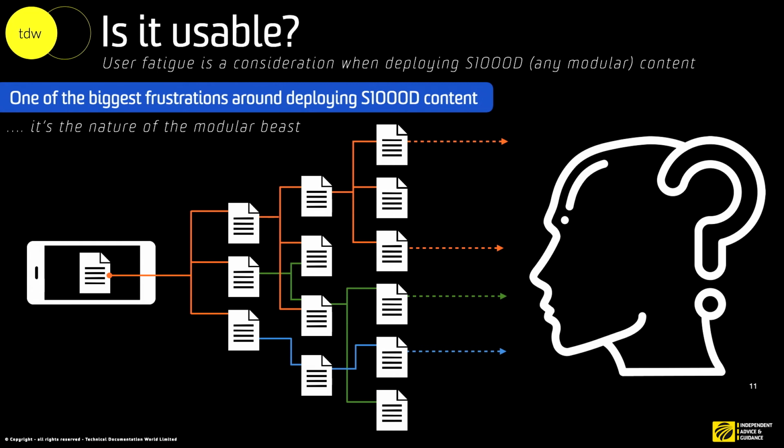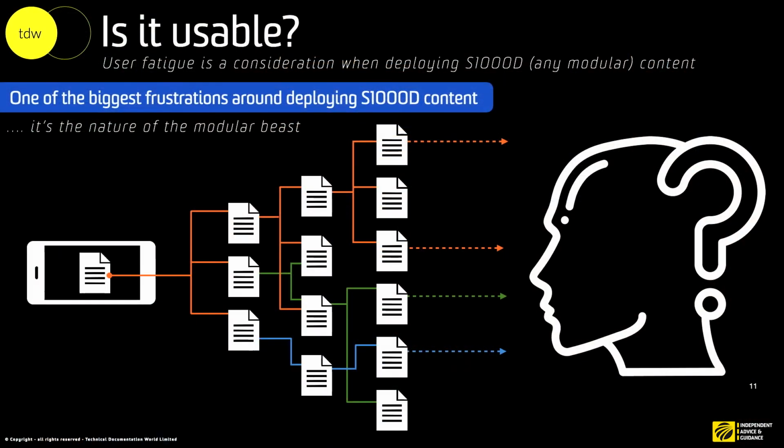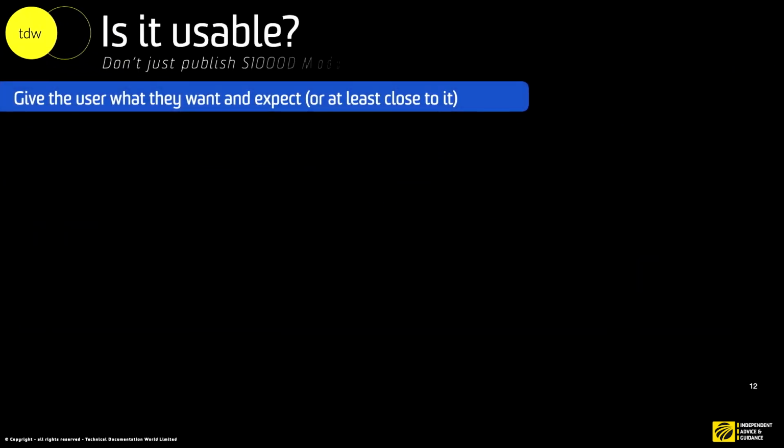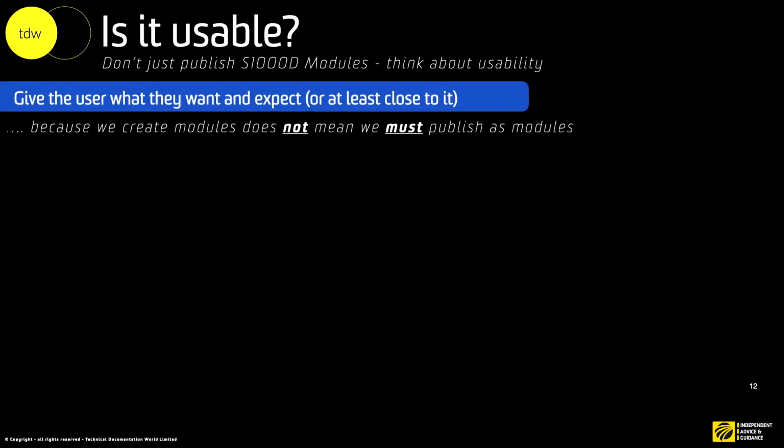It's not what we need. We're actually about trying to make the maintainer's life that much easier, the operator's life that much easier, by giving them the right information immediately at the point of need, and not actually frustrate them in how they access that content. So what we have to do is try and give the user what they want in a manner that they find useful and usable, so that the content is actually adding value.